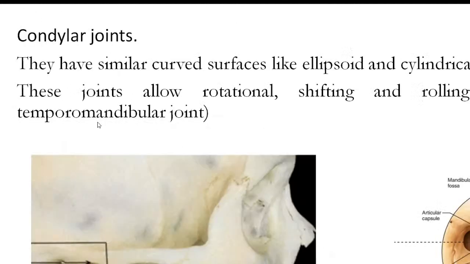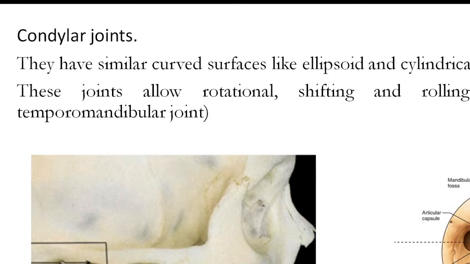Next, condylar joint. They have a curved surface similar to ellipsoid and cylindrical joints.